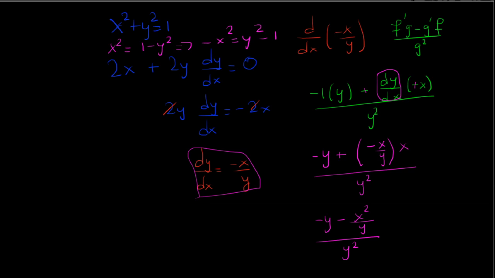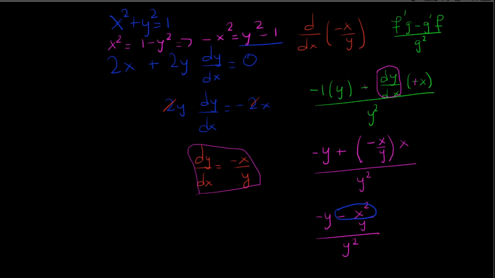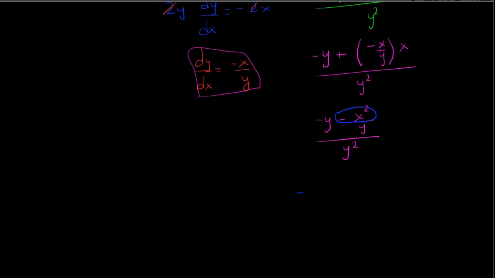So I'm going to replace the negative x squared with y squared minus 1. So it's y squared minus 1, that's going to be over y, and then the whole thing over y squared.